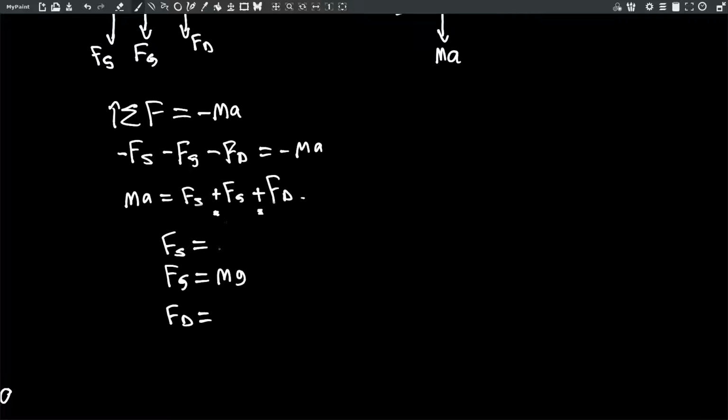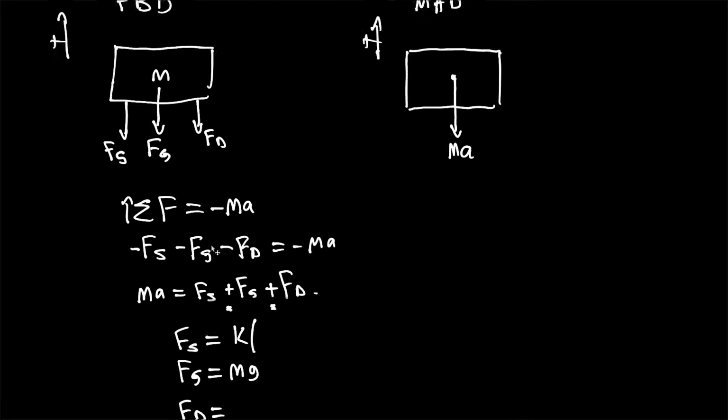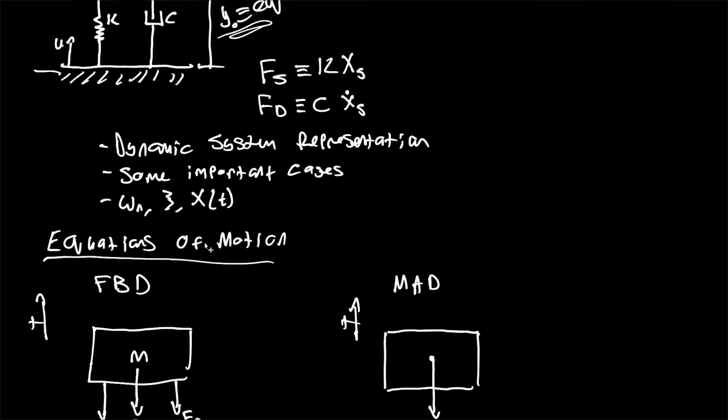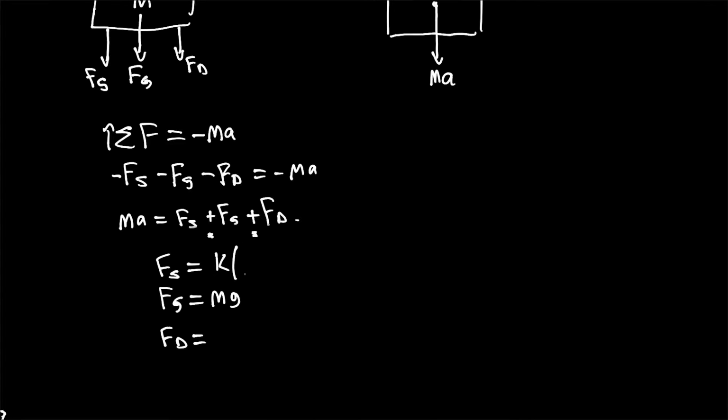So for the spring, we're going to have the spring constant k. Since this is a linear spring, it's going to be k times the extension in the spring. And we can note here that if x is in the positive direction, that this spring is going to be under tension, and therefore the force is going to be in the downwards direction. So x and spring force are in opposite directions. This will be negative x.